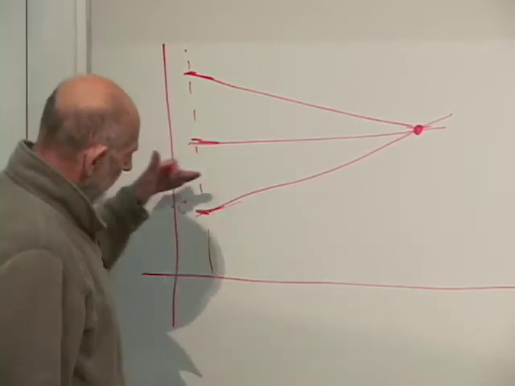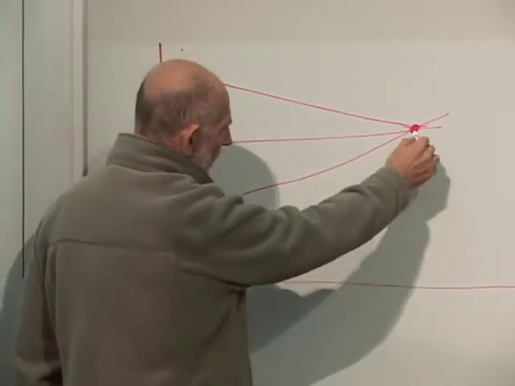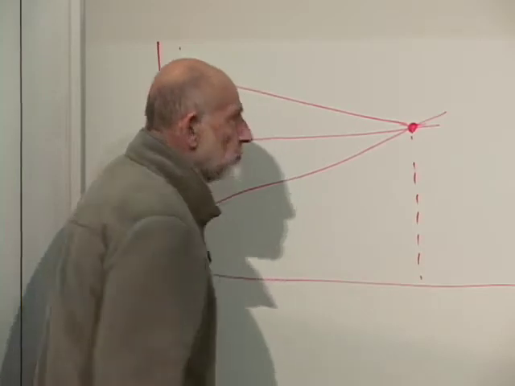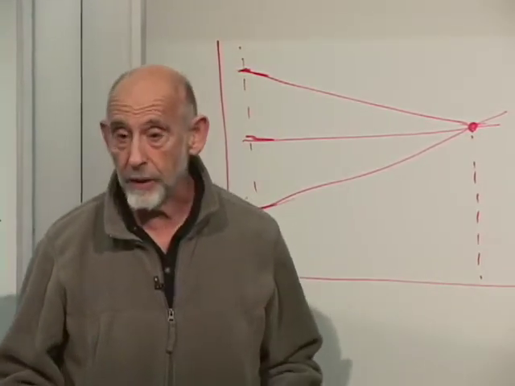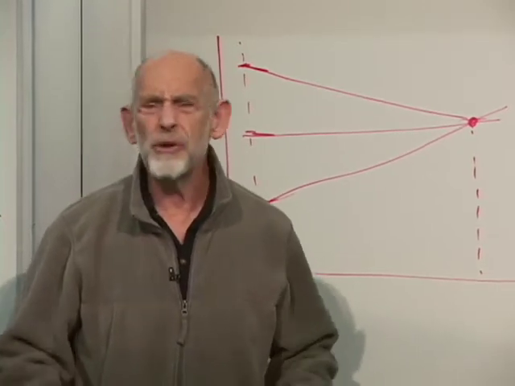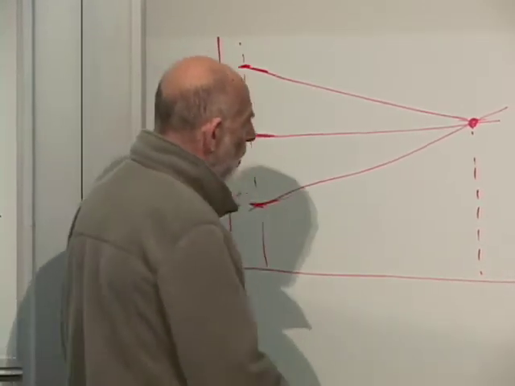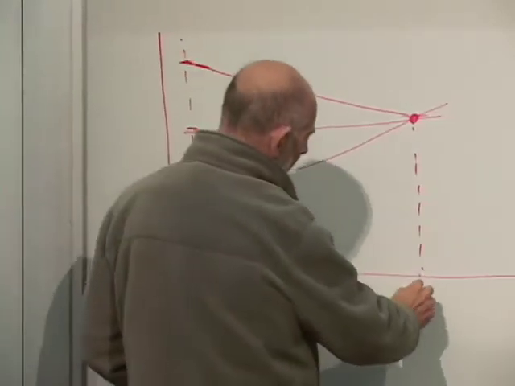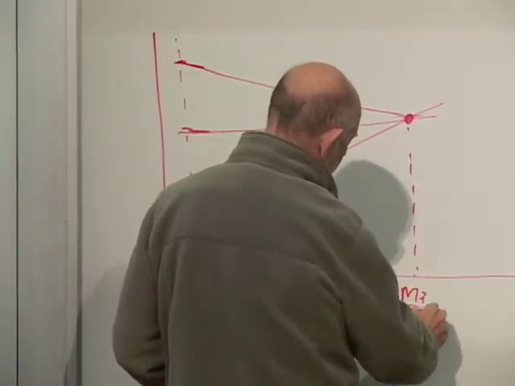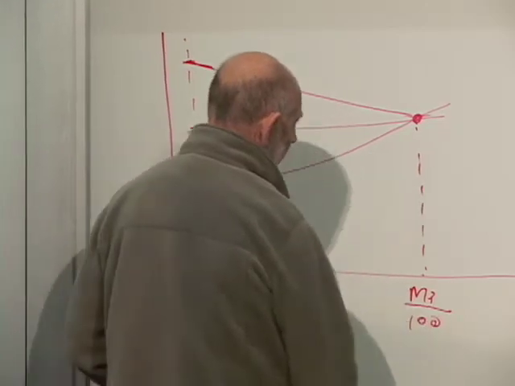That point is way out here at an energy which is not the Planck scale, but somewhere between 100 and 1,000 times smaller than the Planck scale. I think maybe more like 100. So this could be m Planck roughly divided by 100, somewhere in between.